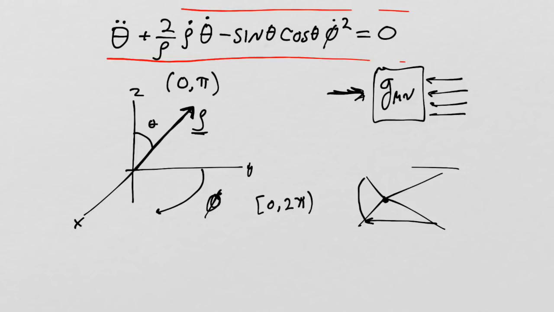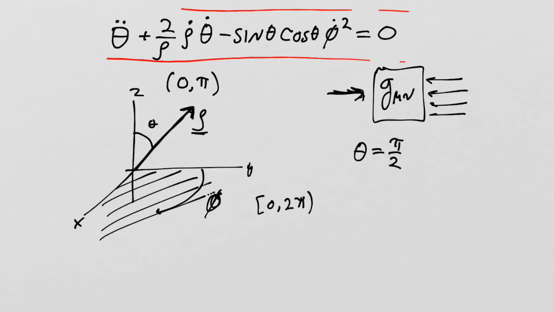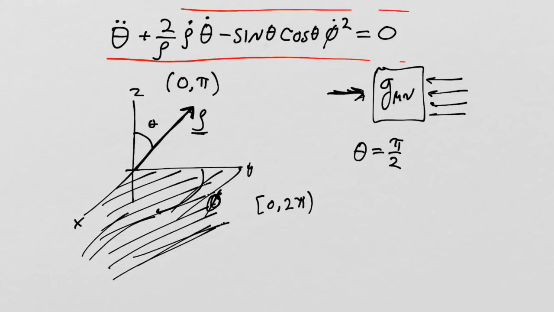And because of that, we can then arbitrarily fix a plane and say that this free motion will just be established in one particular plane. And the plane we pick is the plane defined by theta equals pi over 2, which of course is going to be this plane here in all the quadrants. It's going to be the equatorial plane.